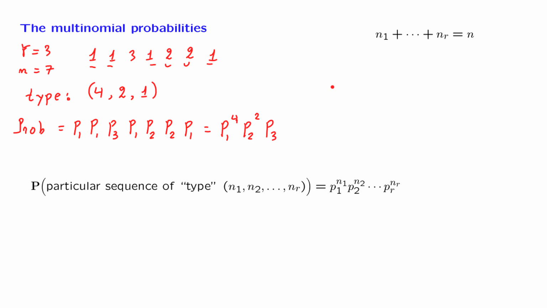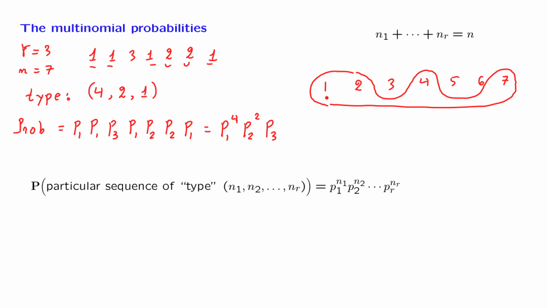Let us look back at our example. We had 7 trials, so let us number here the different trials. And when I tell you that a particular sequence was obtained, that's the same as telling you that in this set of trials, we had the first color.